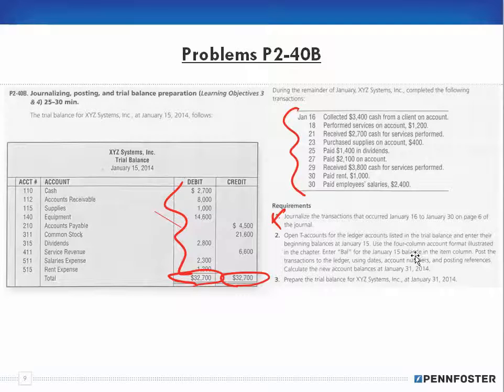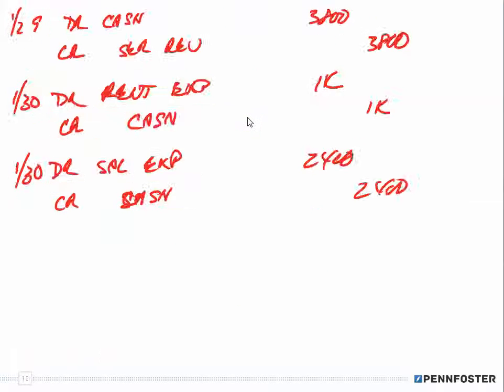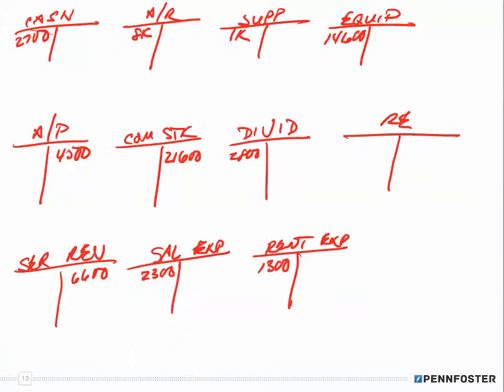Okay, and the next thing we have to do is actually post the journal entries we made to those accounts. So let's start out with cash. I have a debit of 3,400 and a credit to accounts receivable for 3,400.